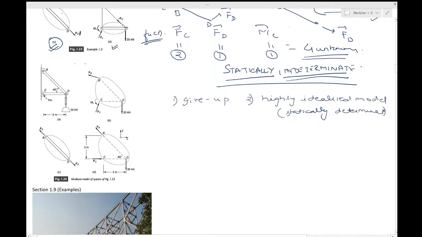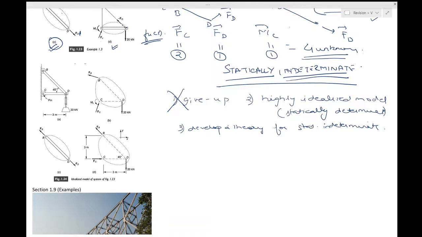The third part is to develop a theory for statically indeterminate systems. Okay, so just to make your life slightly hard, we will not take up this option. We will not give up.